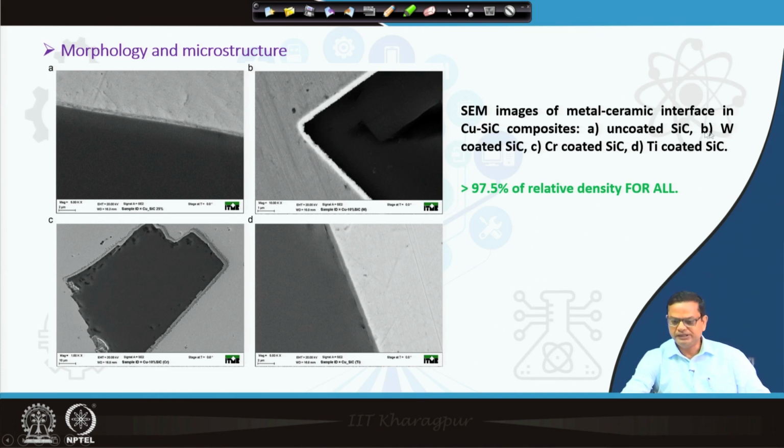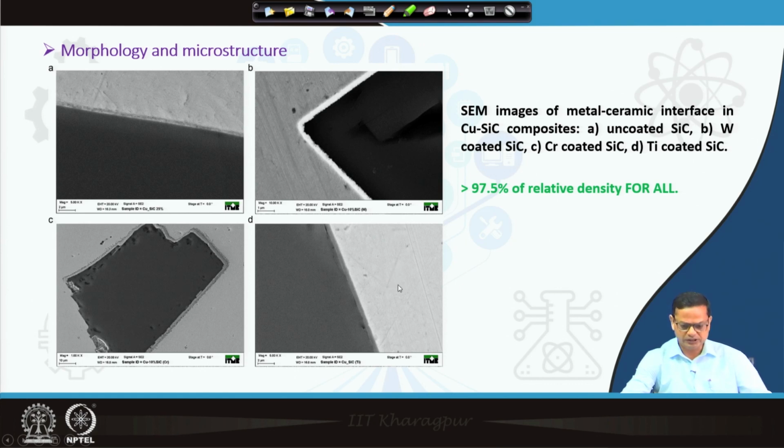B is for tungsten coated, similarly chromium coated and titanium coated. At low magnification you do not really see much difference. You can see a nice coating on the surface of these SiC particles in all cases. Other than that, you are not really seeing anything. The main thing you are seeing here is the nice uniform deposition of the thin films.